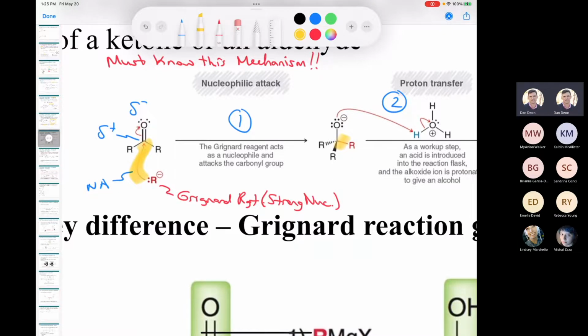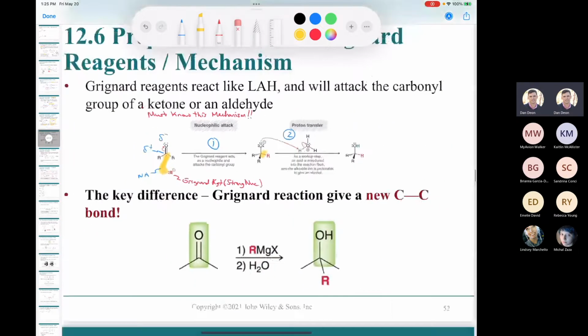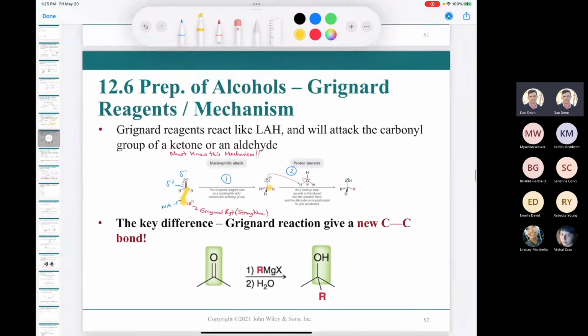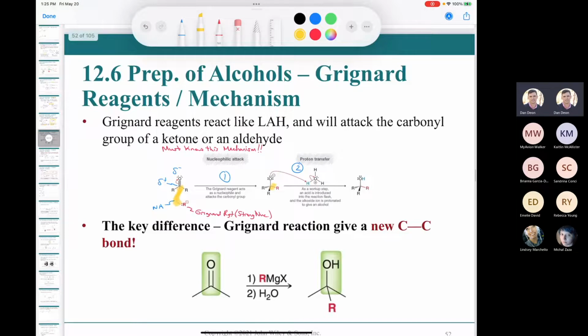And whenever a scientist can develop a new way to make a carbon-carbon bond, that person will always live on in infamy. The key difference between LAH, which only adds a hydride, and a Grignard reaction, which adds a carbon nucleophile, is that now you make a brand new carbon-carbon bond. And that is why Grignard won the Nobel Prize.